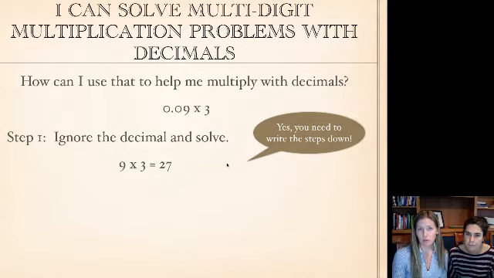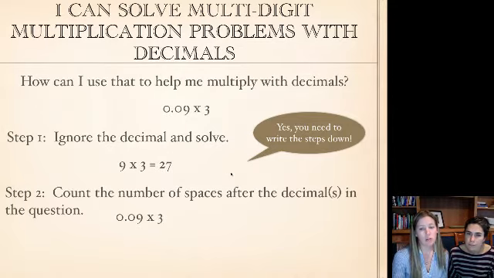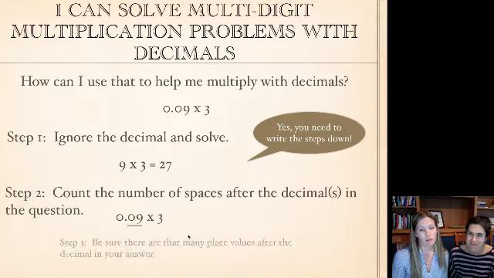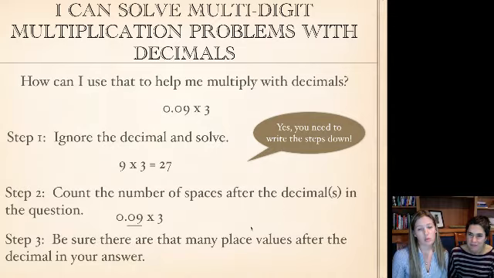Step 2: count the number of spaces after the decimal or decimals, because pretty soon we're going to start multiplying decimal by decimal as well. Count the number of spaces after the decimal in the question. In this case, we have 1, 2. Step 3: be sure that there are that many place values after the decimal in your answer.